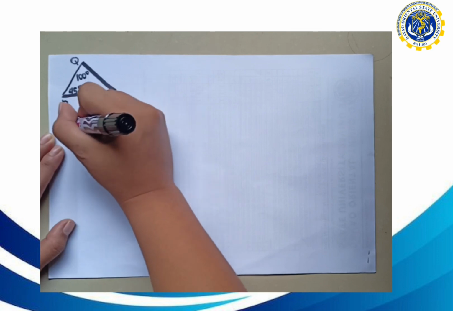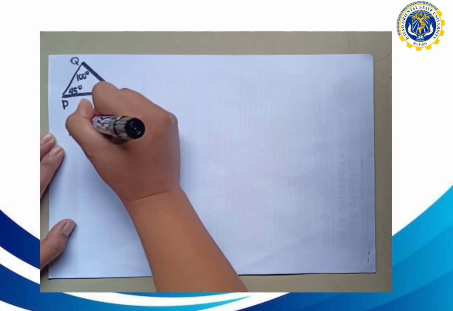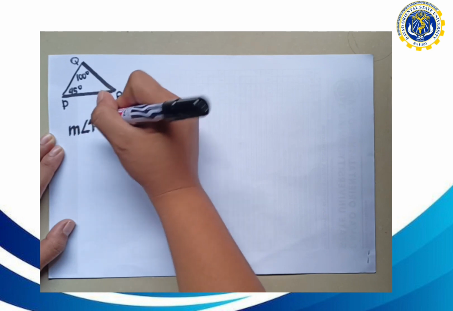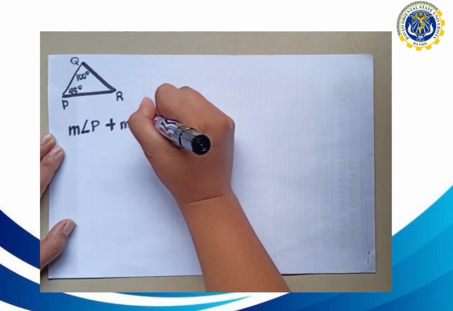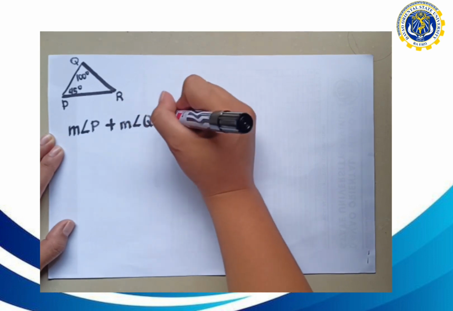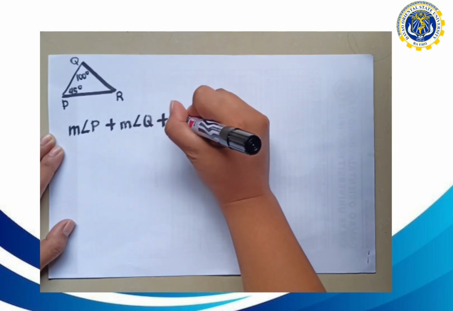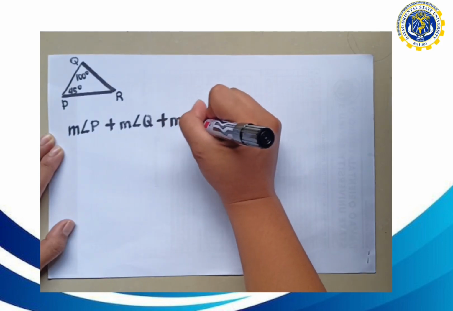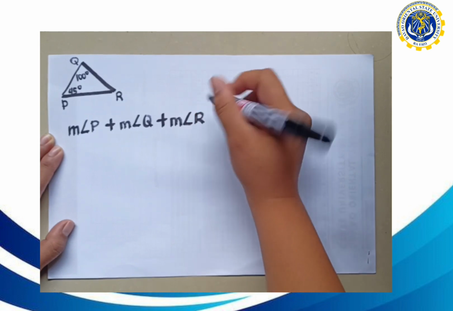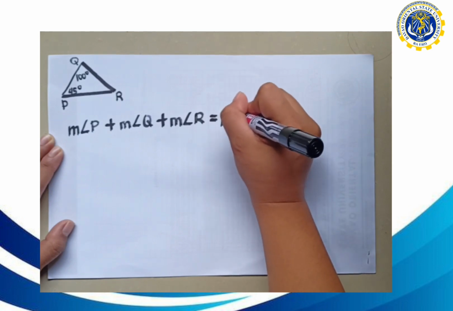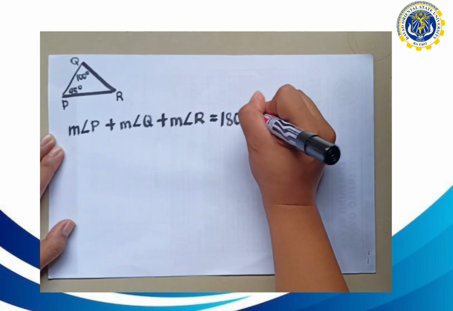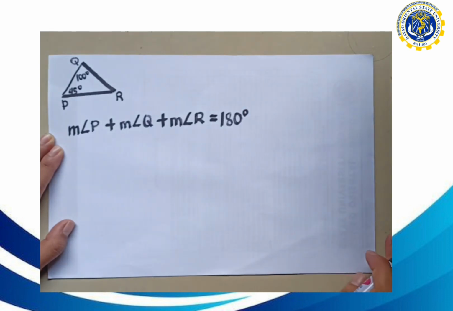So we have angle P plus angle Q plus angle R, then you write is equal to 180 degrees. Why 180? It's because every triangle is equal to 180 degrees.